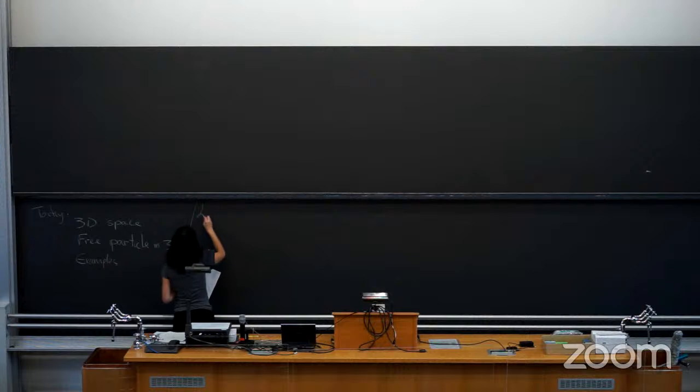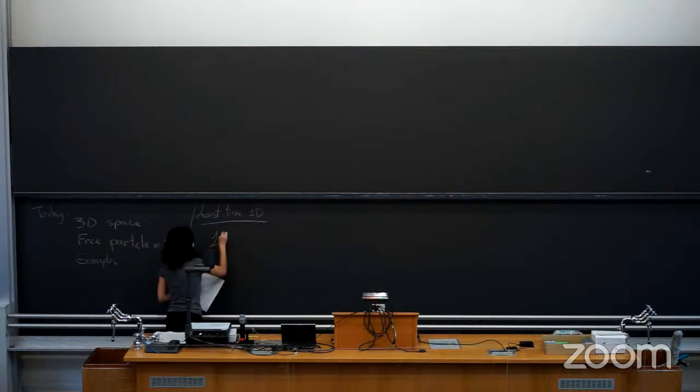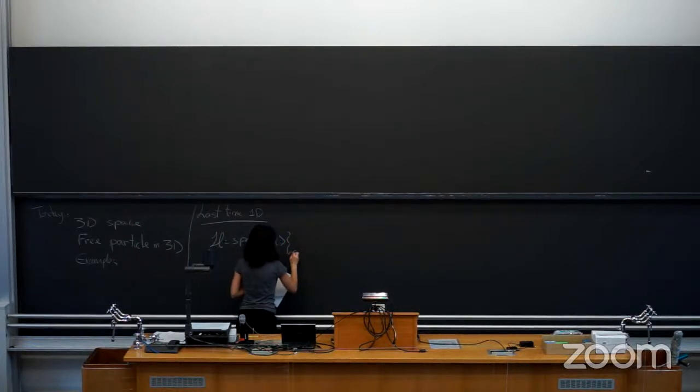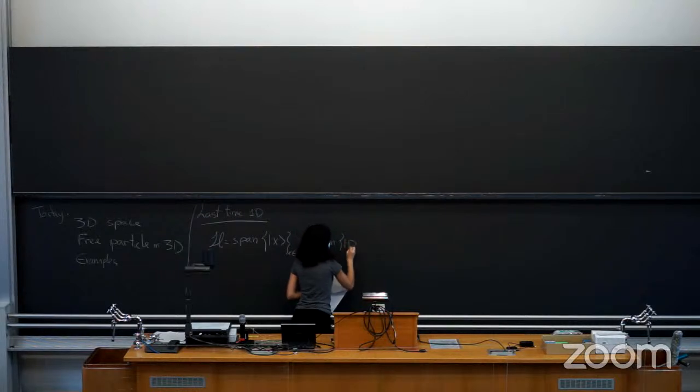So we've been talking about 1D continuous systems, which were described like this. Span of X. Right, and then we saw we can choose different bases, so you can also choose this.